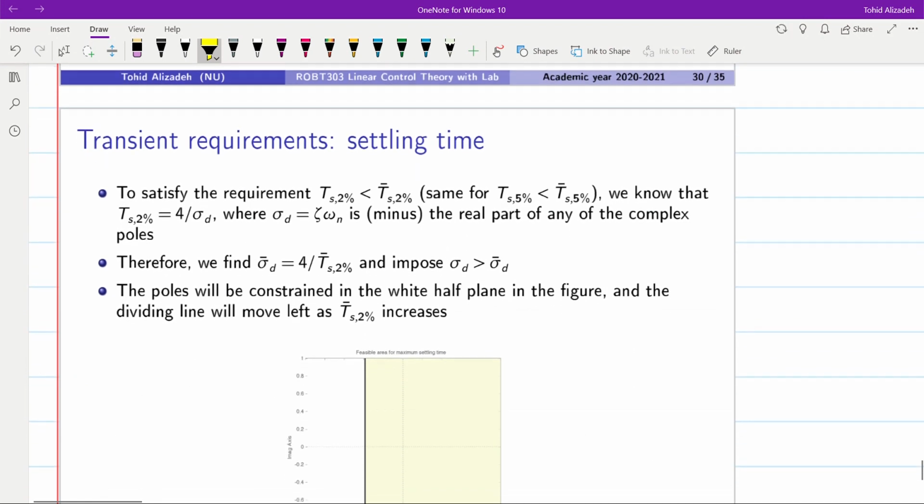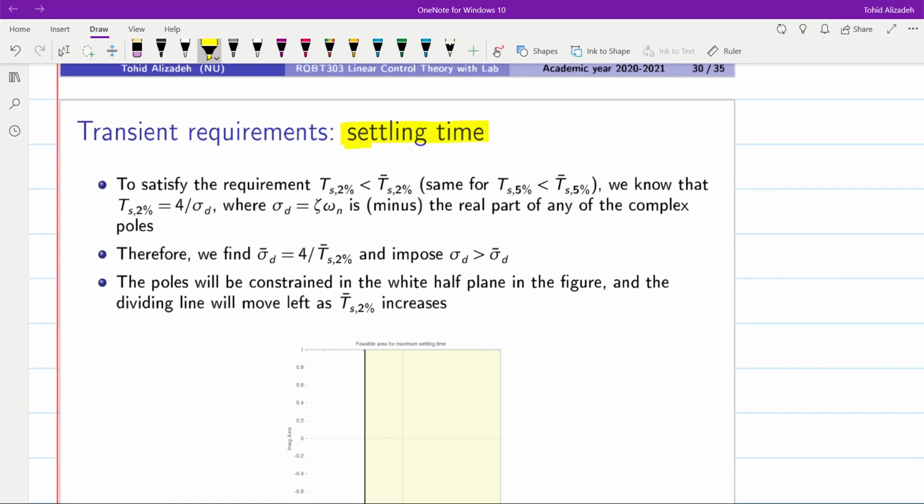The next one is regarding the settling time, the transient requirement that we have. For the settling time, we also have it in the form of a bound. The desired settling time should be smaller than a given value. So TS 2% should be smaller than 3 seconds, for example. And we can have it for the 5% settling time as well.